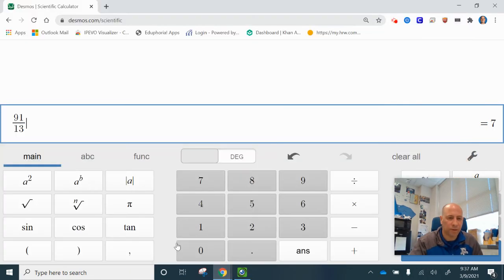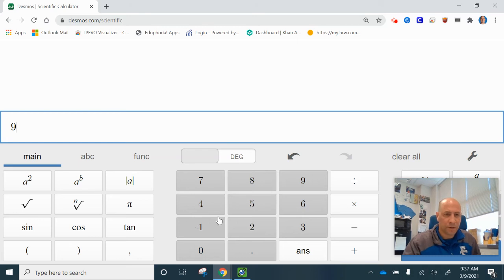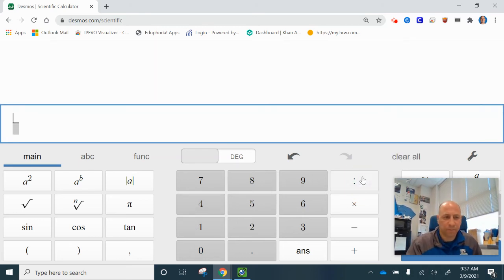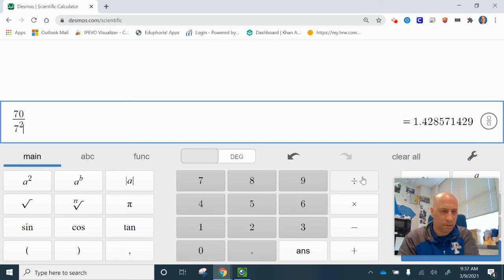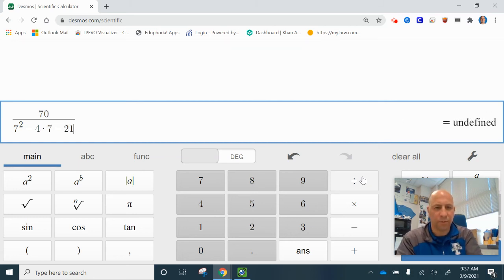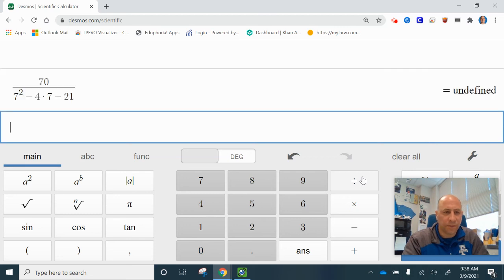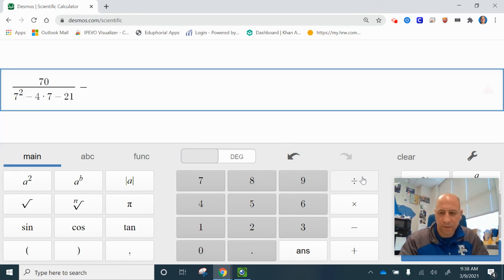So in Desmos, I'm going to type the division symbol first. 70 divided by 7 squared minus 4 times 7 minus 21. Says it's undefined. And then, oh wait, almost forgot, minus 6.